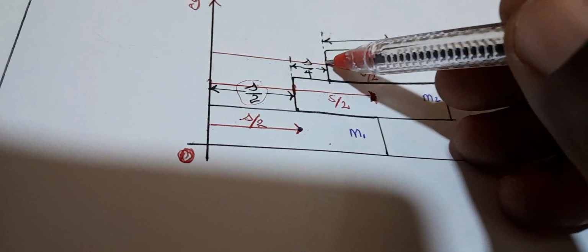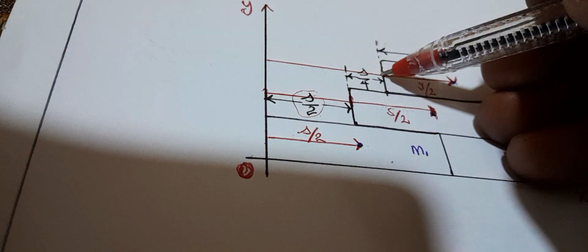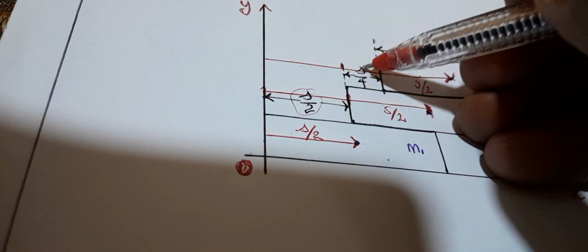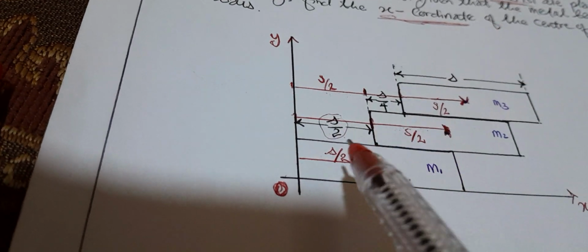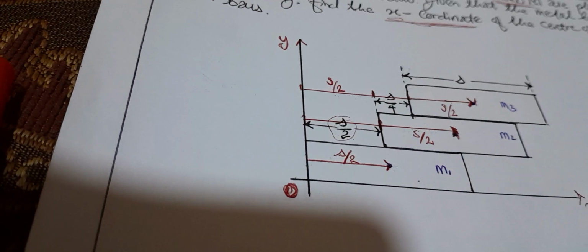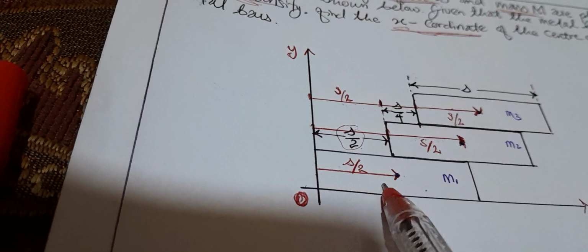From here to here we know it's S over 4, and from here to here it's S over 2. So we have S over 2, S over 4, S over 2. It means that for mass 1, the center from the origin is S over 2.